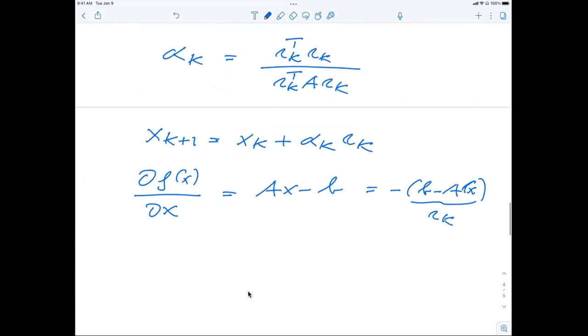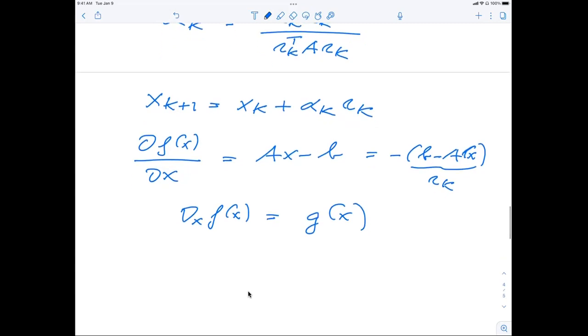So what we have then is that the gradient of that function, df of x, so that means that d of x of f of x, is something which we're going to label as the gradient g of x. We see now that this r of k is nothing but the gradient g of x, or of f of x.